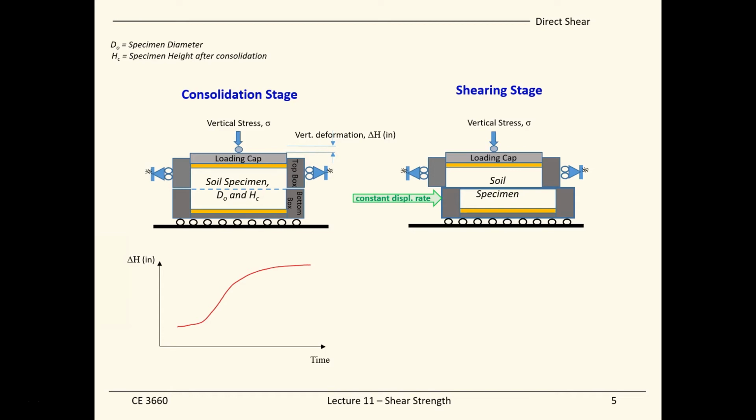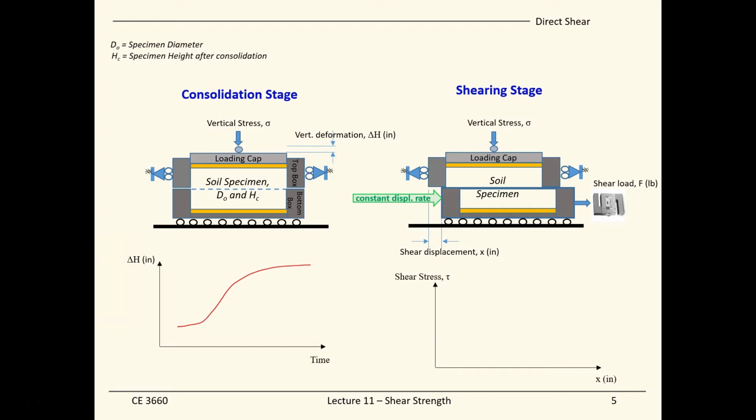For the bottom part, we impose a constant displacement rate on it, and meanwhile we keep track of the shear displacement and also the shear load felt by the soil sample in response to the applied constant rate, which means at the end of the day we can come up with a stress strain curve.